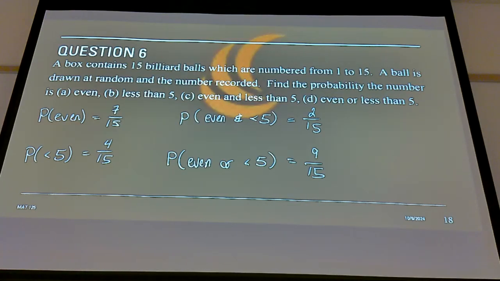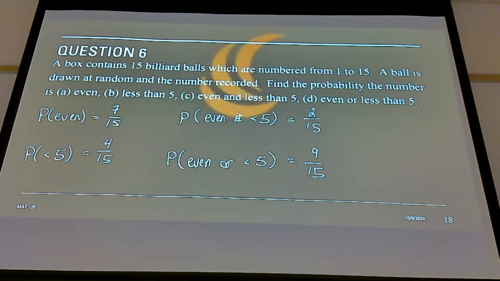What about even and less than 5? That's just 2 and 4, because those are the only 2 evens that are less than 5. It's not 11 because that would be double counting 2 and 4.